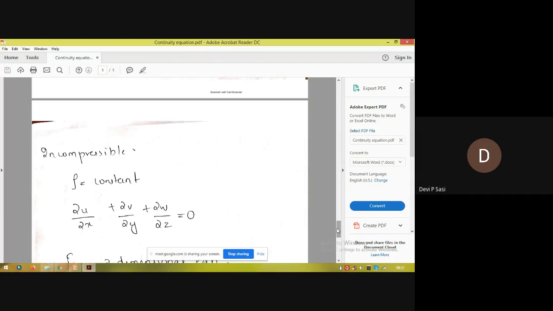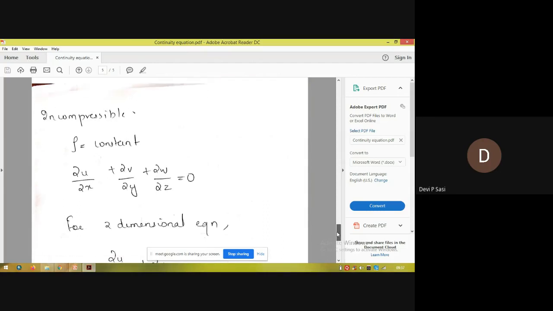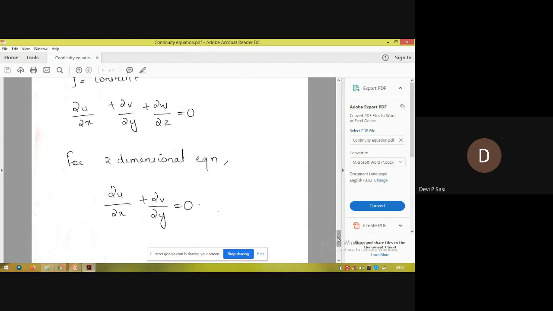Okay, that is incompressible flow. Next is the two-dimensional equation, where the z component will be absent and we consider only x and y components. So dou u by dou x plus dou v by dou y will be equal to 0. Okay, that is about the continuity equation derivation.